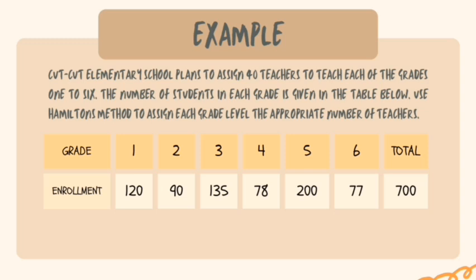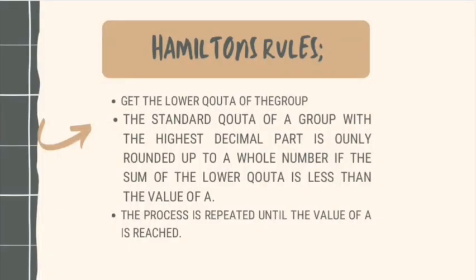So there are rules in Hamilton's method. The first one is get the lower quota of the group. The second is the standard quota of a group with the highest decimal part is only rounded up to a whole number if the sum of the lower quota is less than the value of A. Then, the process is repeated until the value of A is reached.